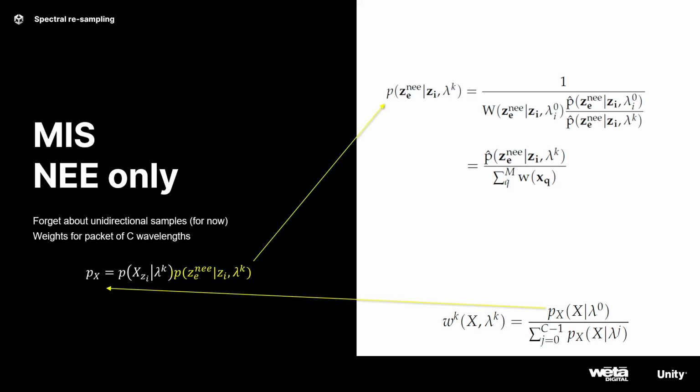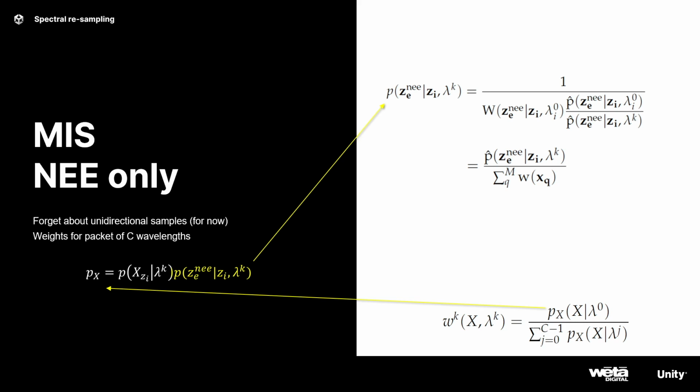So to approximate this PDF, we multiply the unbiased contribution weight by the ratio of the target functions, where we evaluate the target function with respect to the current Hero wavelength lambda 0i divided by the target function evaluated at the given wavelength lambda k.